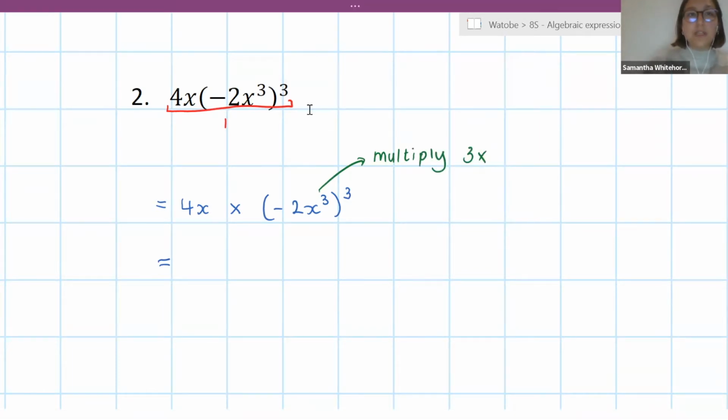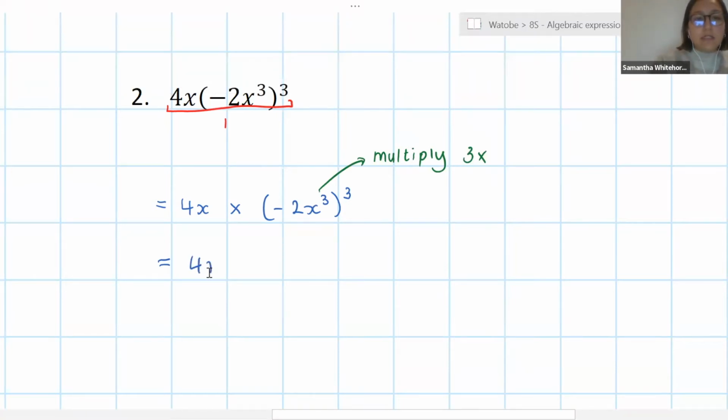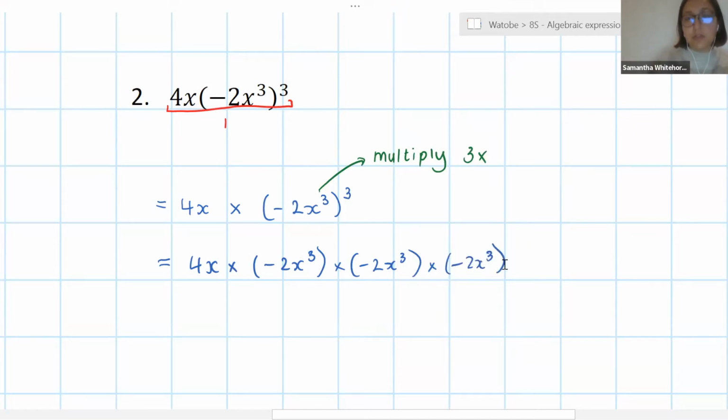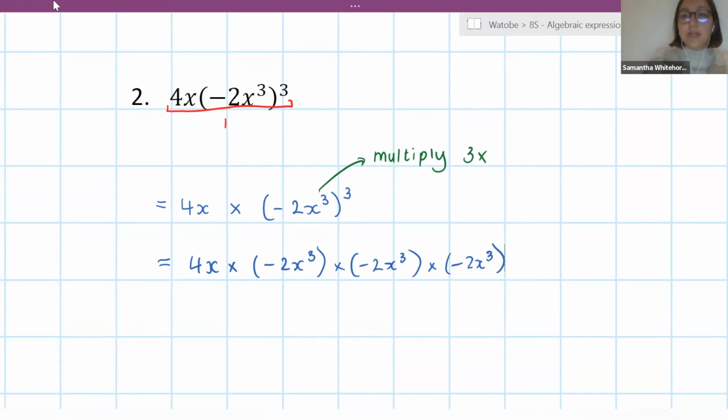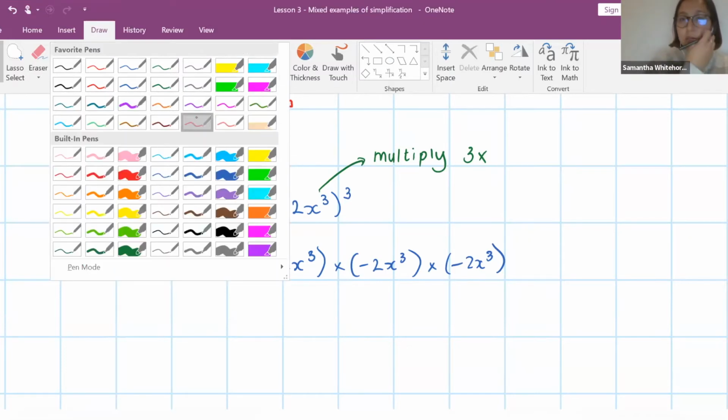And so if you want to expand that even more for yourself, you've got 4x times minus 2x cubed times minus 2x cubed times minus 2x cubed. So we've got a bit of multiplication that we need to do here, but because we understand what the exponent is telling me, and because I've broken down my term into everything that I'm multiplying, I can do it.